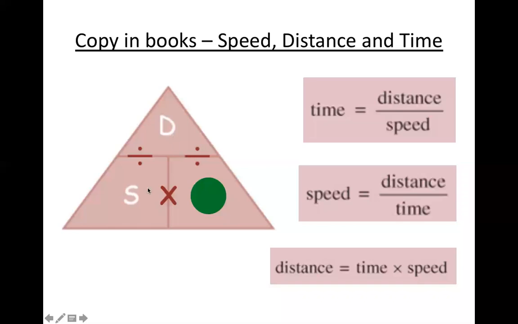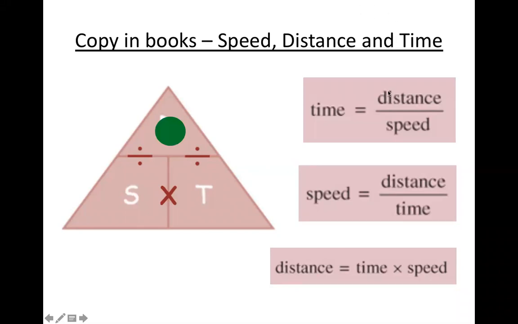So it's distance over speed. If I want to calculate speed, I cover speed. So it's distance over time. Whatever you want to calculate, you cover that in the triangle. Distance is speed times time.